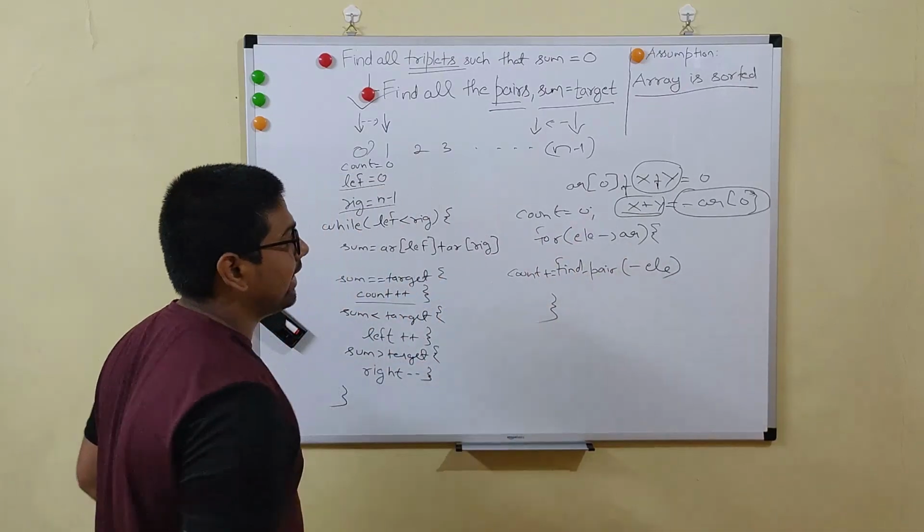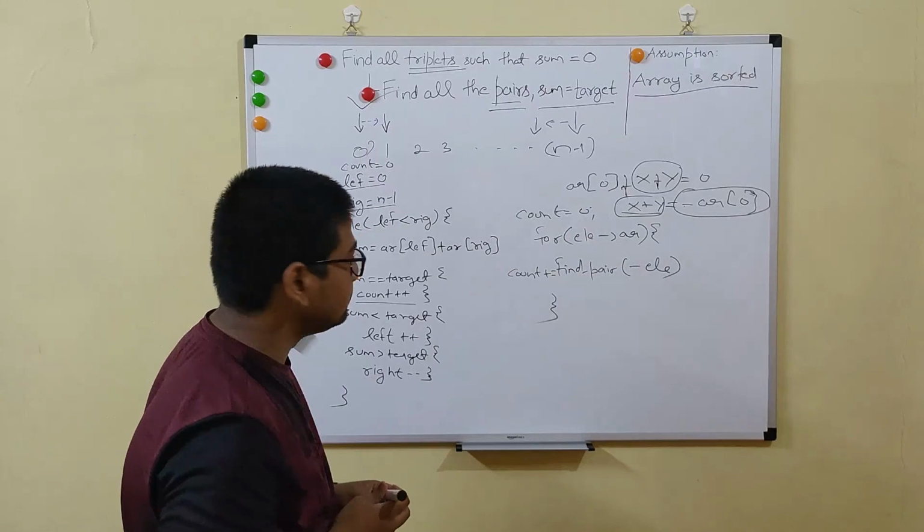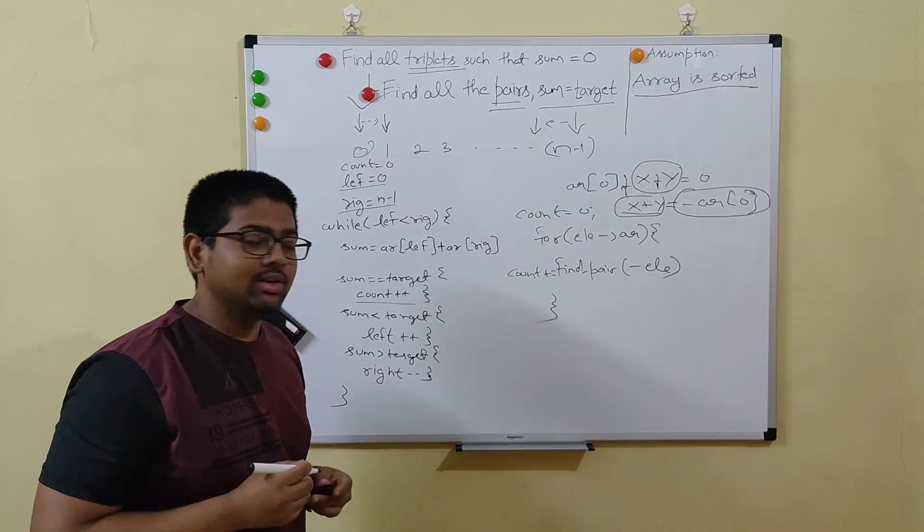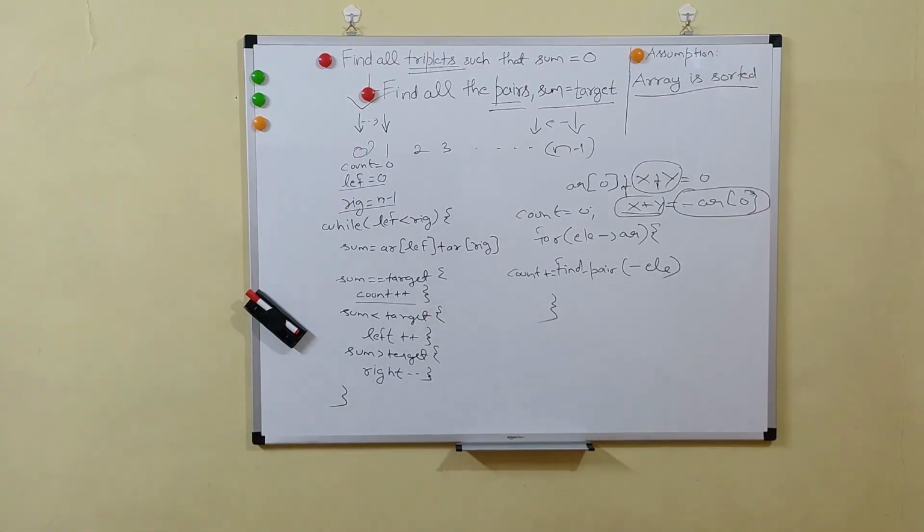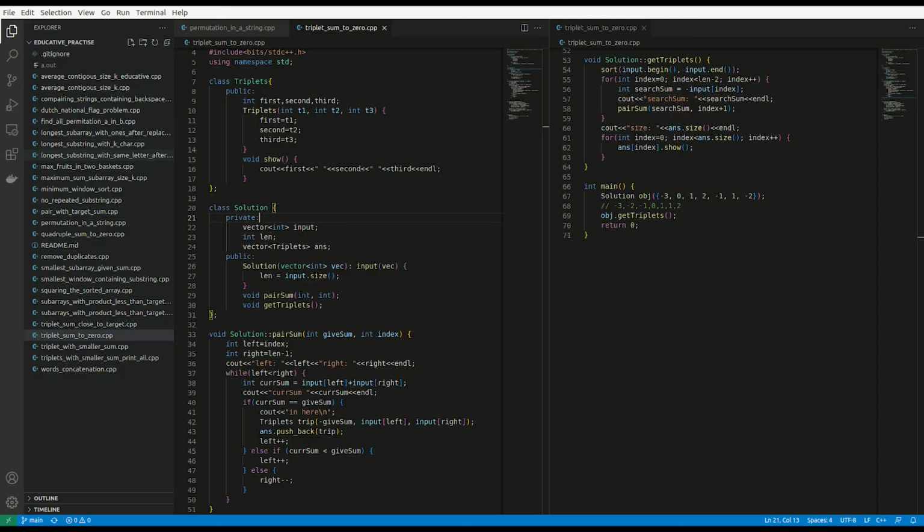So that way we can find all the triplets. Now let's try to look at the code as well. You can pause the video and take a better look at this code.